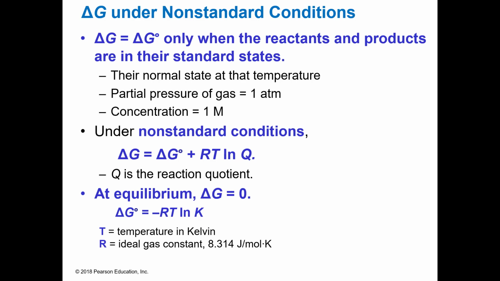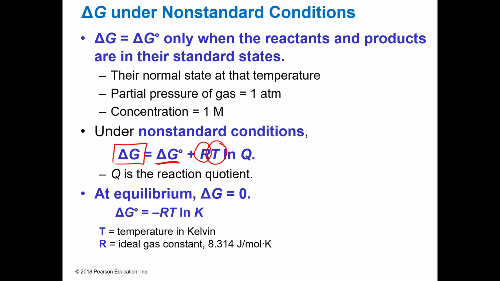All right, so delta G equals delta G0 only when everything's in their standard states: the normal state temperature, the 1 atmosphere for all the gases, and 1 molar concentration for the liquids. And if it's not at those standard states, then we have to correct for it by using the normal delta G0 of the reaction plus R times T, times the natural log of Q. That's our old buddy.